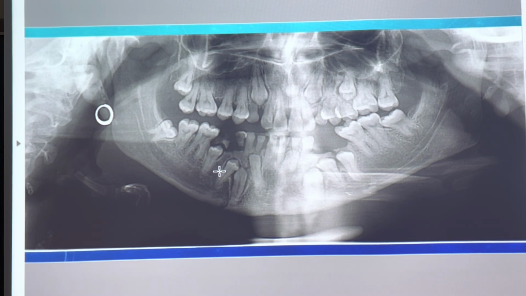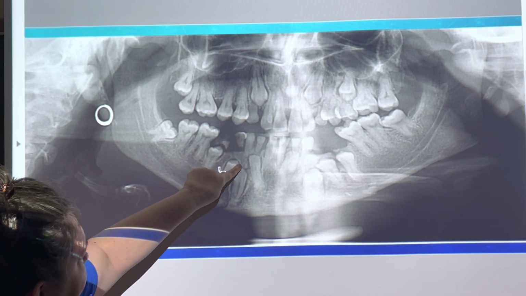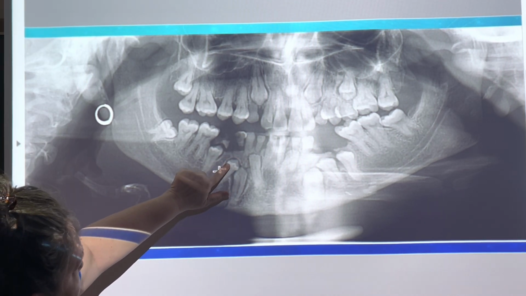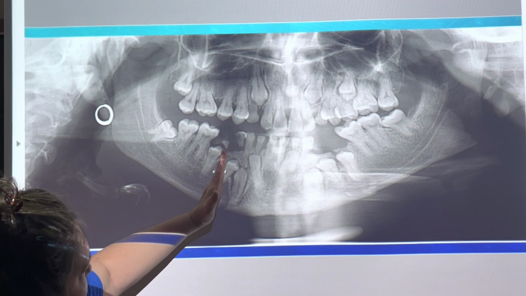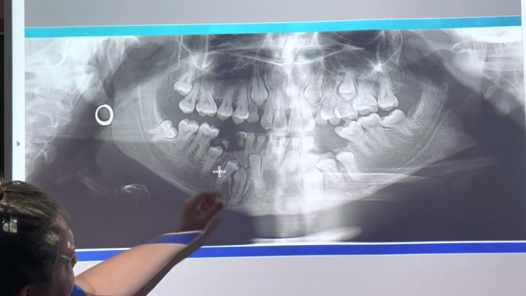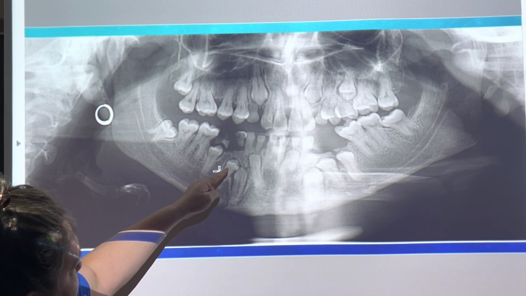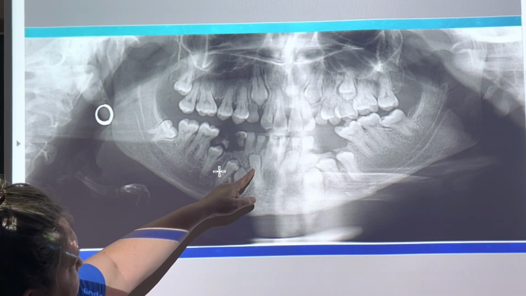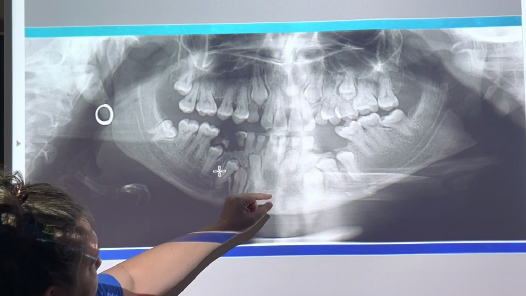However, sometimes the roots don't want to let go, and when you have these baby teeth that have stronger roots, they'll stay in there, causing these teeth to shift from their natural path. So now we have a tooth that could potentially be damaging the canine, and then you have a lateral here that needs to come up.